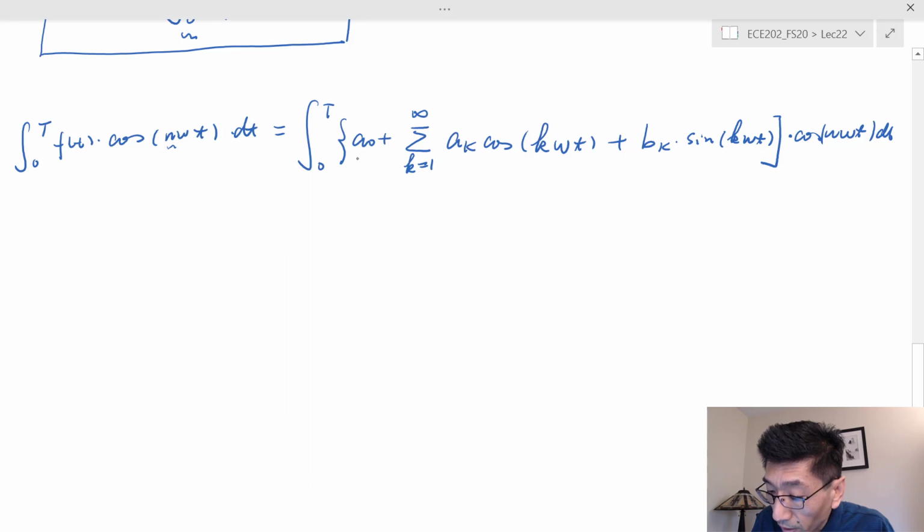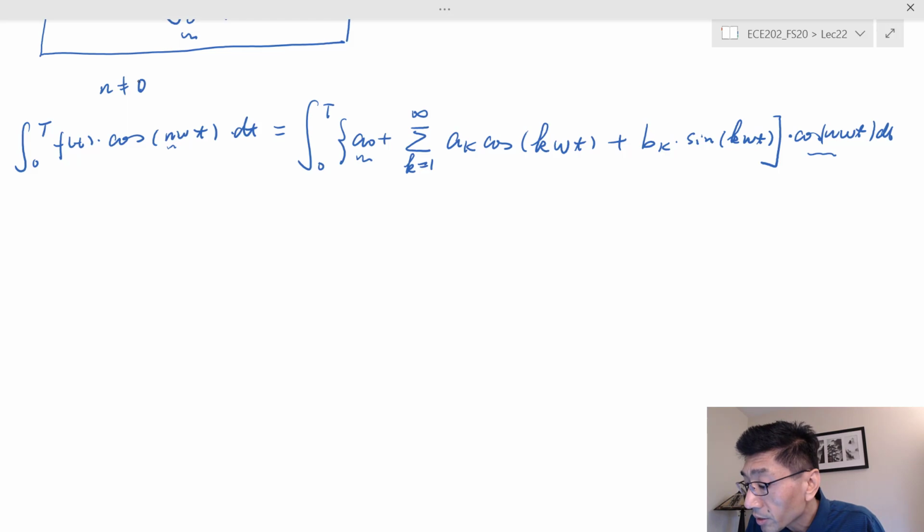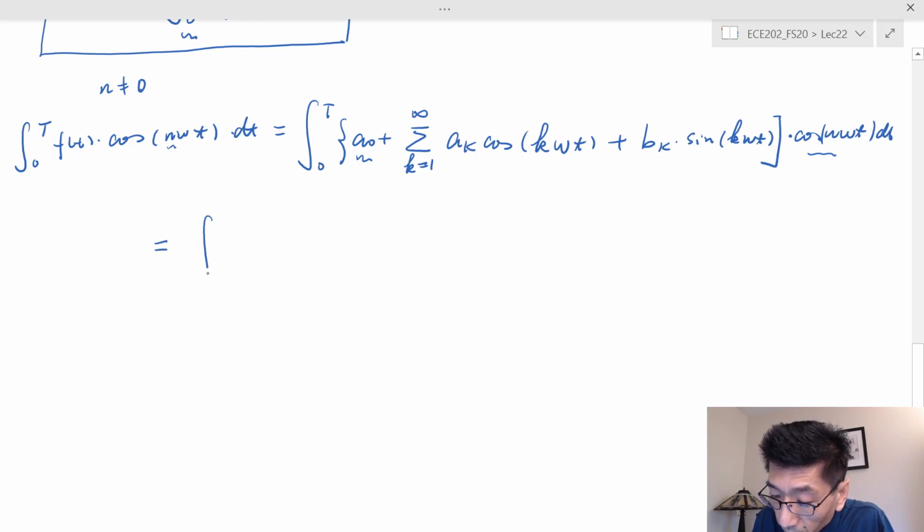The first one is a0 times cosine n omega t. That will give me an AC term, right? And of course, we are figuring out the case where n is not equal to 0; n is going to equal 1 or other integers. So I can ignore this a0 times cosine n omega t integration, because that term is just an AC term.